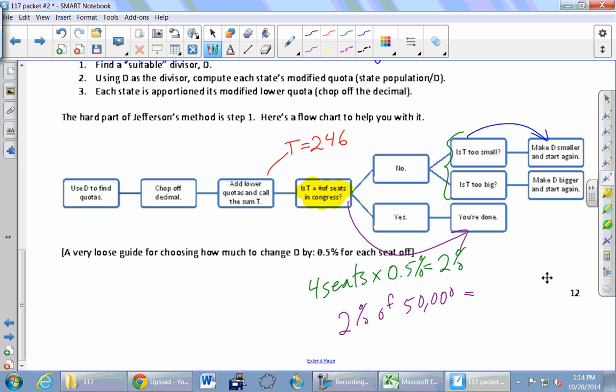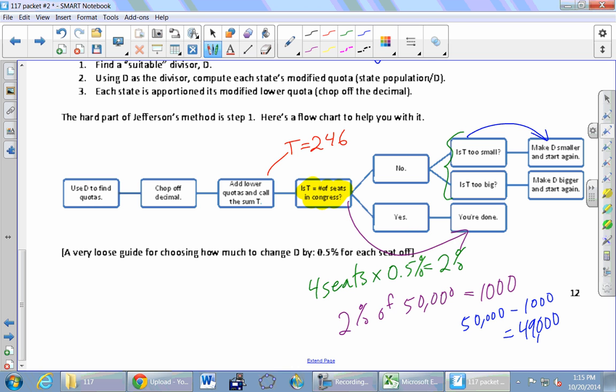Let's see, how much is that? 10% would be 5,000, so 2% would be 1,000, something like that. And so if I followed this little rule of thumb, I would take the 50,000 and subtract off the 1,000, and we get about 49,000. That might be a starting number.